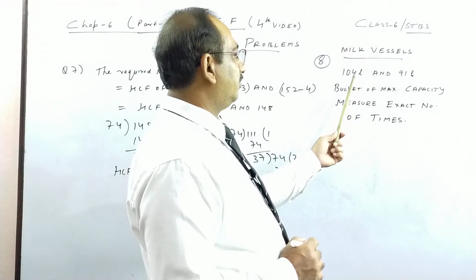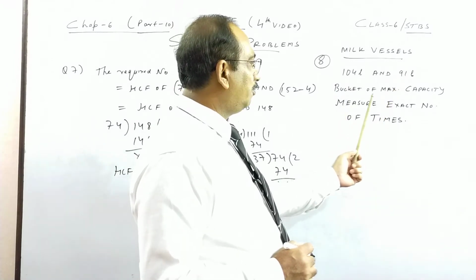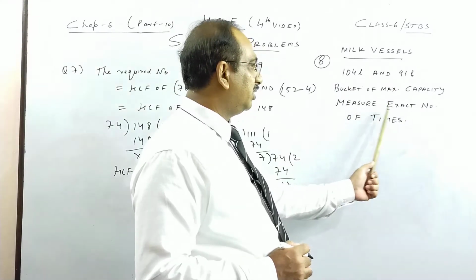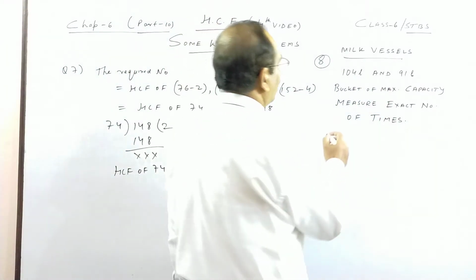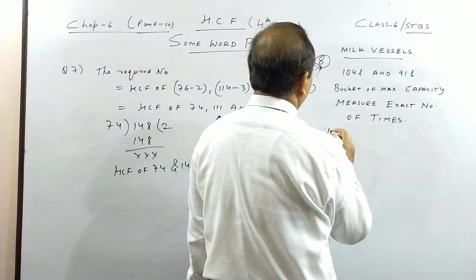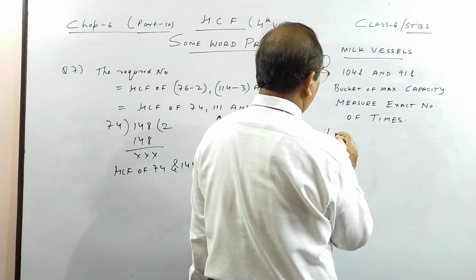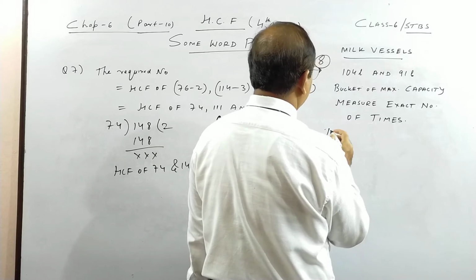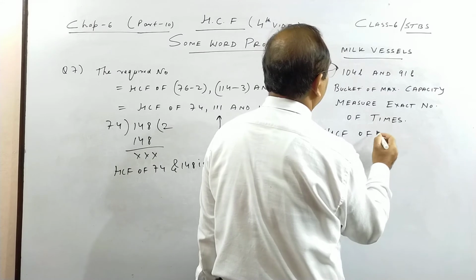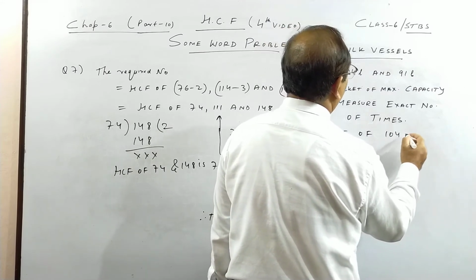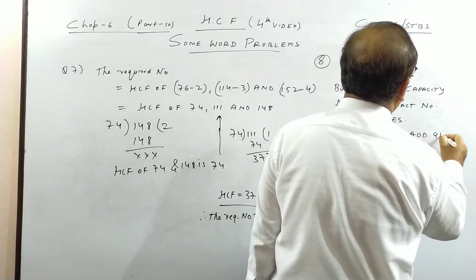There are two milk vessels, one is 104 liters and another is 91 liters. Find the bucket of maximum capacity which will measure both the milk an exact number of times. So the answer will be the HCF of 104 and 91.